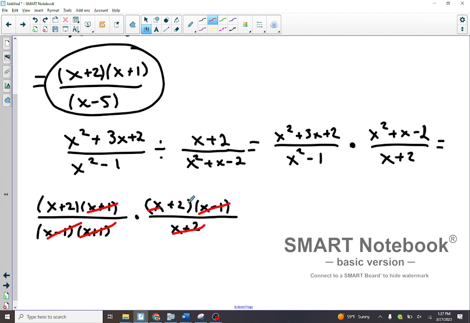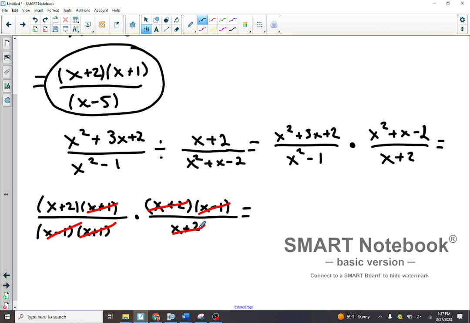Again, it doesn't matter which one you cross off. I'll cross off this one, but it's an x plus 2. Oh, wait, you can cross out across them if they don't... Yes, you could cross off across. Like an x minus 1 here and x minus 1 here can be crossed out. He's saying cross the multiplication sides, they don't have to be on top or bottom of each other.